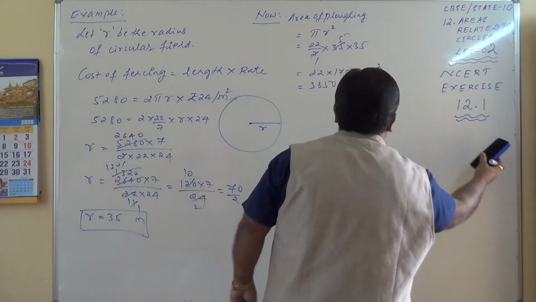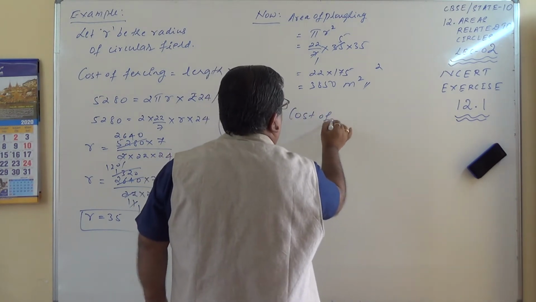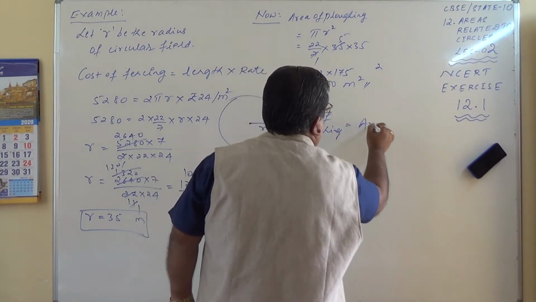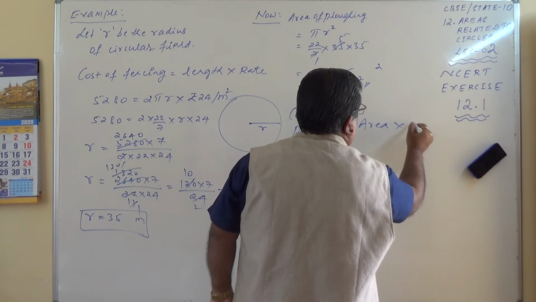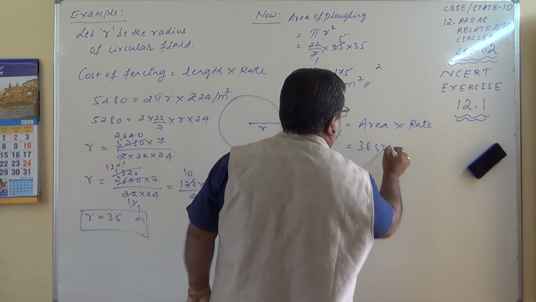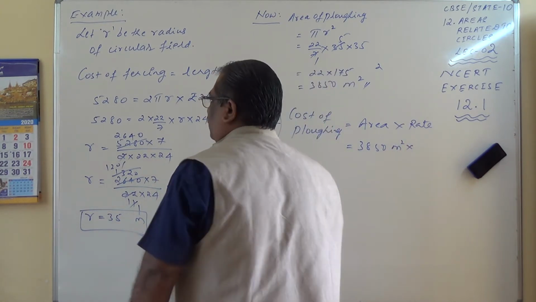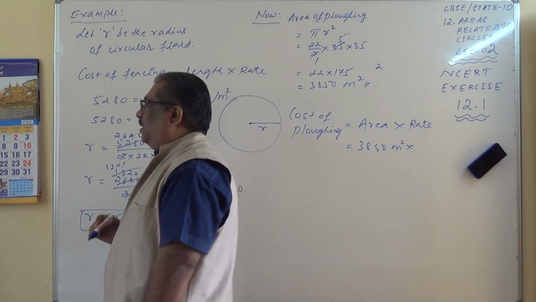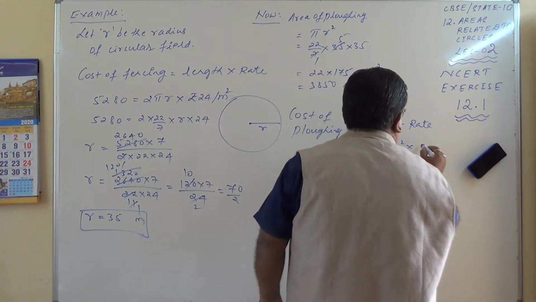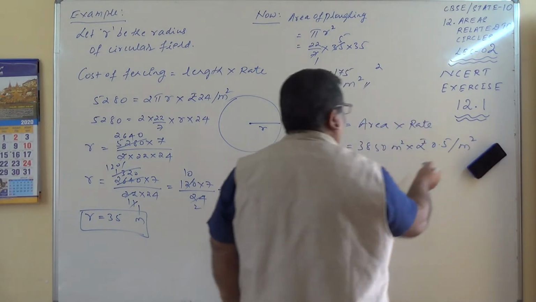Now the cost of ploughing is equal to area in square meters into rate. The area is 3850 square meters, and the rate given is rupees 0.5 per square meter. 0.5 is nothing but half.